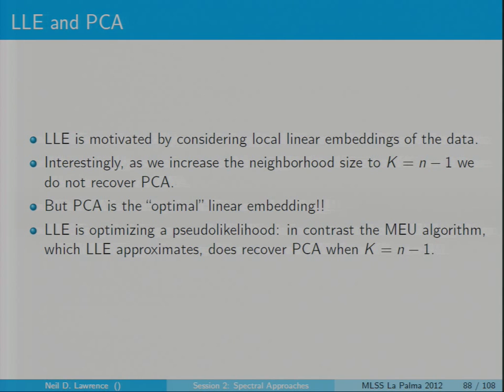But in LLE, you don't, because it's optimizing the pseudo-likelihood. In contrast, if you do the same thing in maximum entropy unfolding, maximum variance unfolding, or Isomap, you recover PCA. You don't for locally linear embeddings and Laplacian eigenmaps. So that should give you a warning about those methods. They're not actually doing the optimal thing in the linear case.